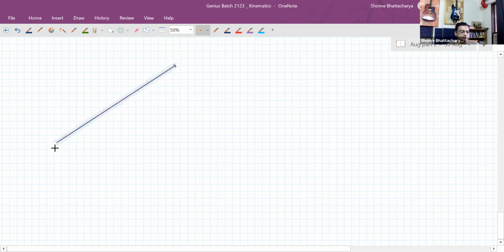So the acceleration vector is going to have a negative x component. This is the standard approach for us.